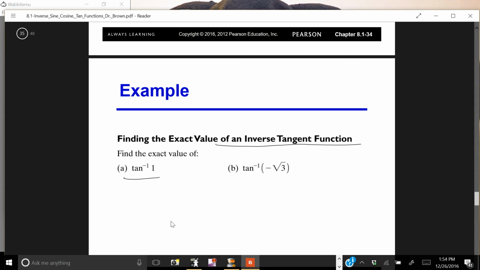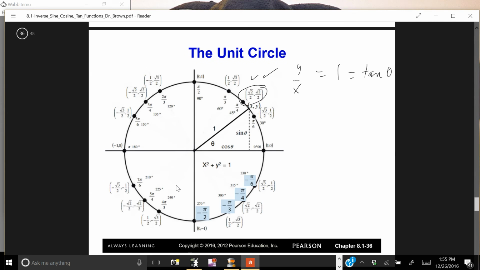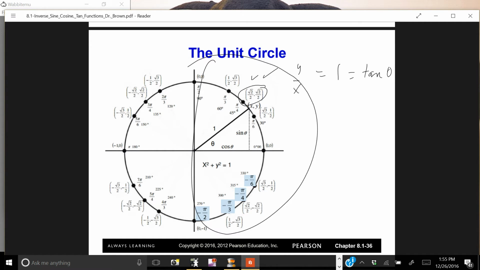Now, to find inverse tangent of minus the square root of 3, I have a unit circle here that's set up for angles between minus pi over 2 and plus pi over 2, and look for y over x equal to minus the square root of 3.